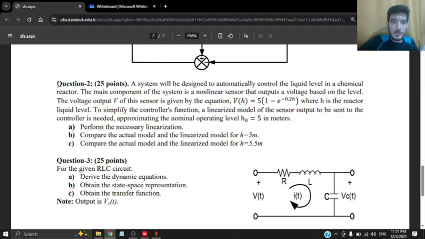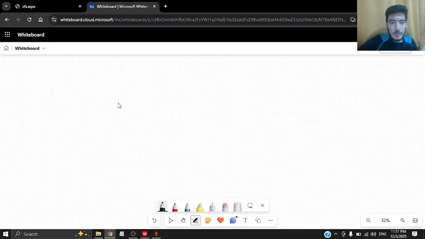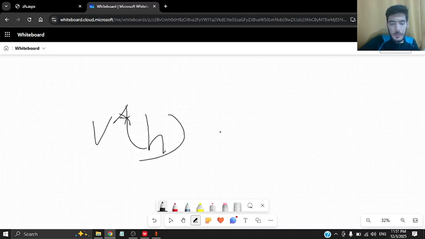Now moving to the second question, I have this function in which I have firstly to linearize it. To do so, the linearized formula will be like this.